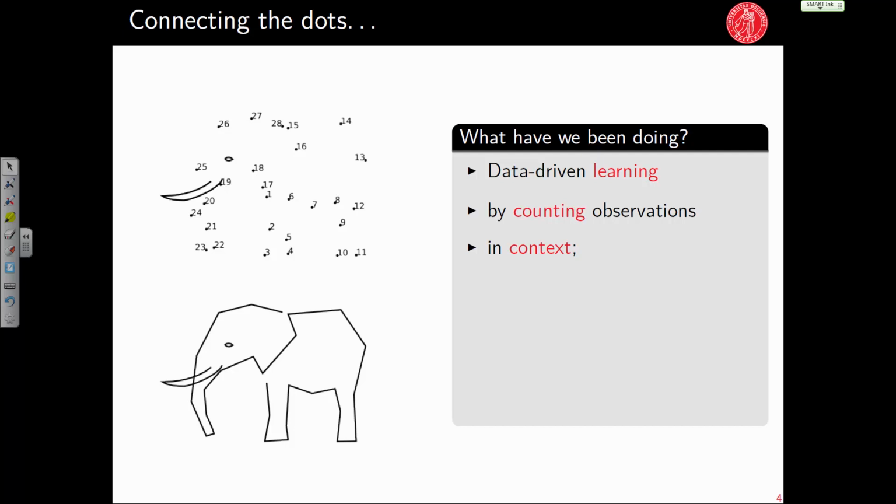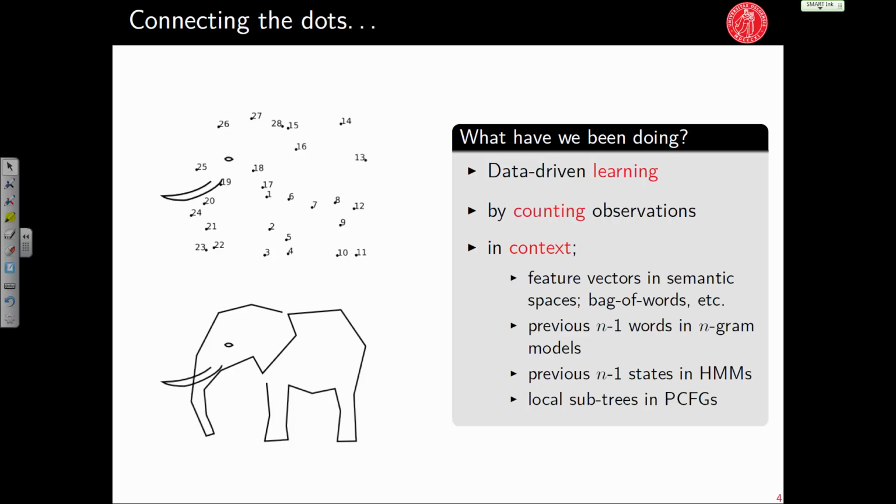The different methods differ in many ways, but if we put them on this set of dimensions, they will differ in how we define the context. So if you remember in semantic spaces, the feature vectors there, the context was defined at one point as bag of words, at least in our assignment. So all words that are occurring in the same sentence with a target word would be features. And that's how we define the context.